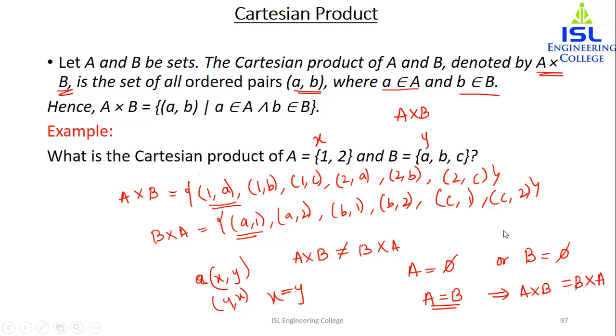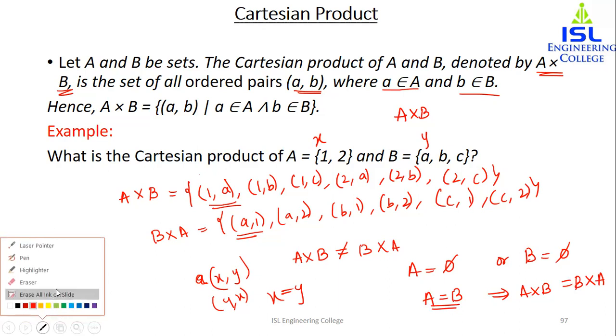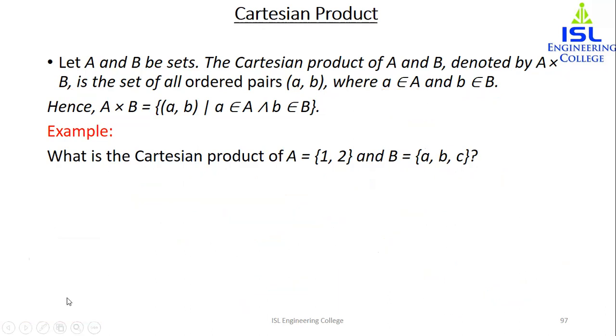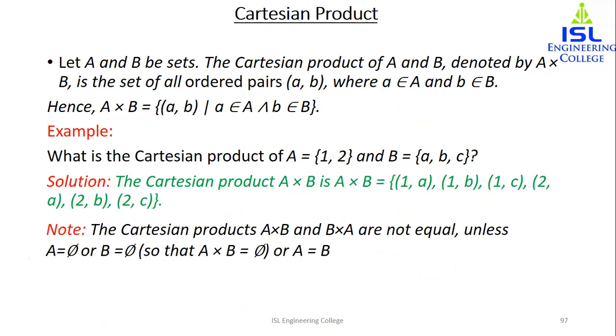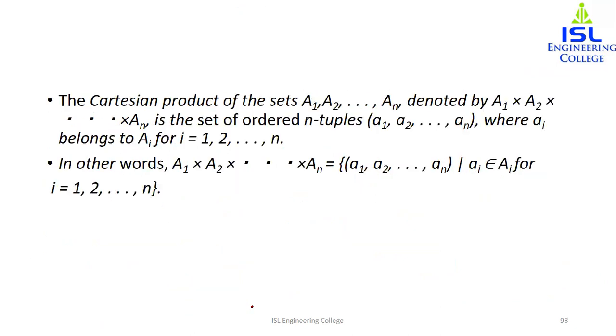Okay, so let's see it clearly. The Cartesian product of A cross B is this, and note that both of them are not equal in this case, unless we have two scenarios: the first one is A is equal to phi or B is equal to phi, and the second scenario is A is equal to B.